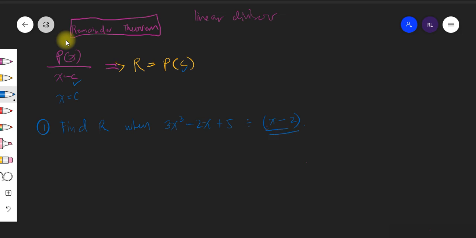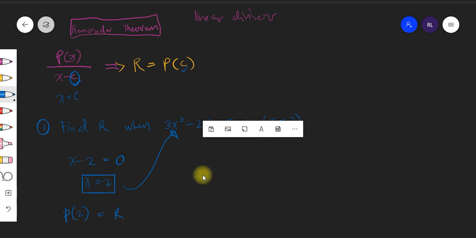So our c is 2: x minus 2 equals 0, therefore x is 2. We're just going to substitute x equals 2, and the result is the remainder. For formality, p of 2 is our remainder.